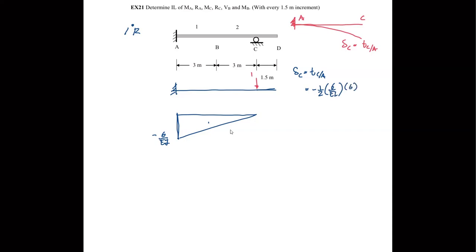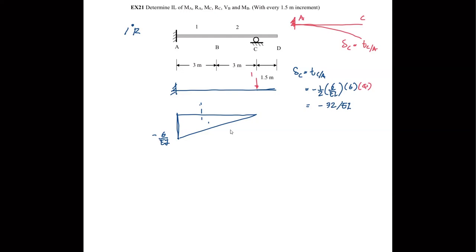And the moment arm with respect to point C, so it is this, right? 2/3, so it's 4 meters. The moment arm is 4 meters. And here it is equal to minus 72 over EI.